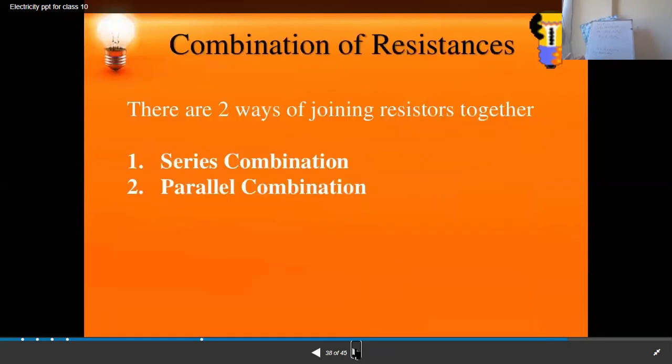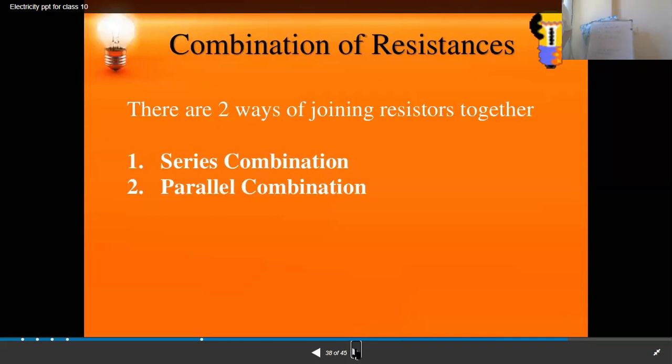Now the question is, if we are having n number of resistances, like the different resistances in your home, the various electric gadgets which you are using, which can be a bulb, a tube light, a geyser, a microwave oven, or even your phone, how do we need to connect them to the potential difference?